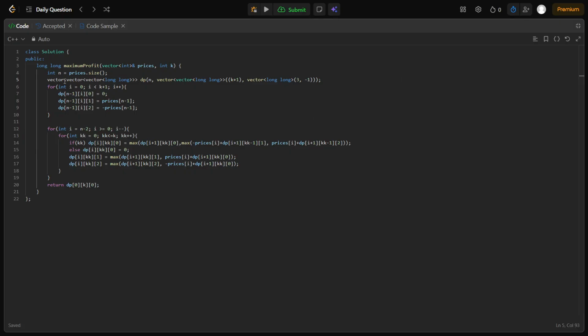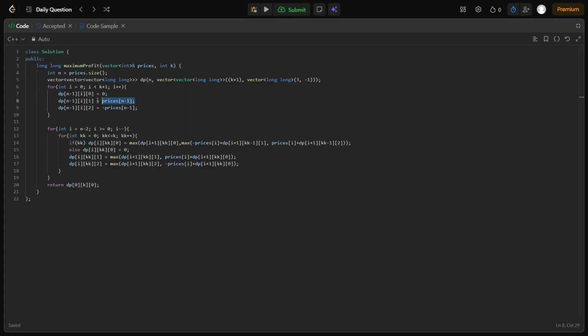So we have made a 3D array like we made before, very similar to that, and then we will handle the edge cases. If you remember, on the last element, we were having edge cases in all the cases. For the last element, if we are having no transaction going on, then we can't do anything, our profit is zero.